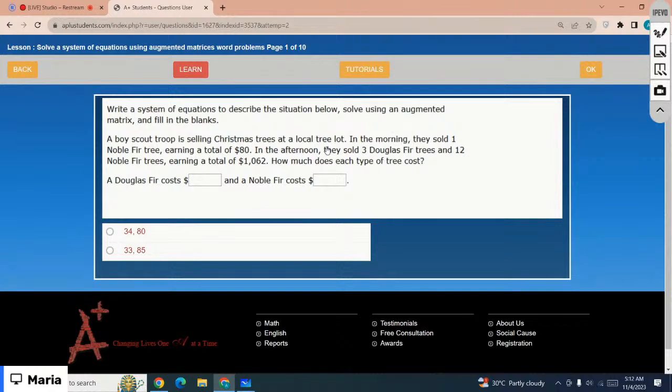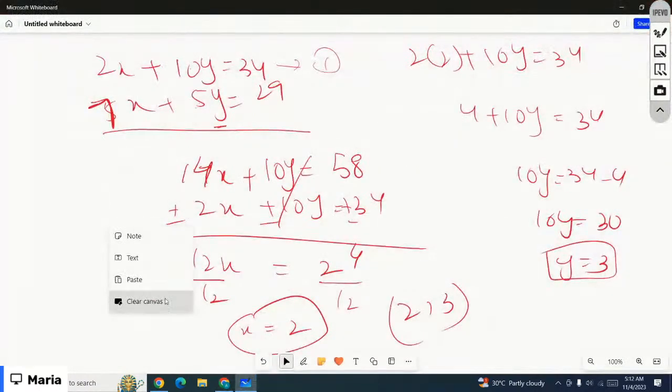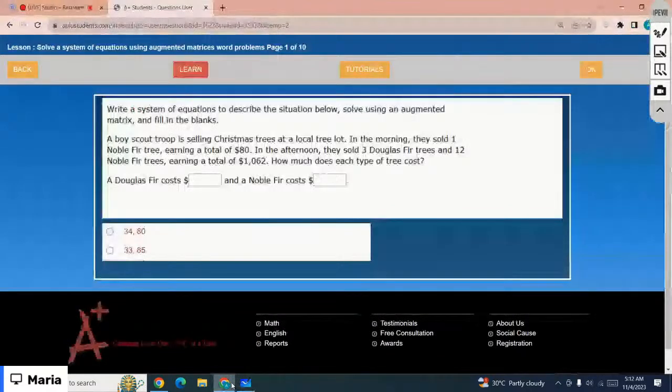That means 1y equals 80, right? Then the second equation is: in the afternoon they sold three Douglas fir trees and 12 Noble fir trees, earning a total of $1,062. Then you have 3x plus 12y equals 1062.